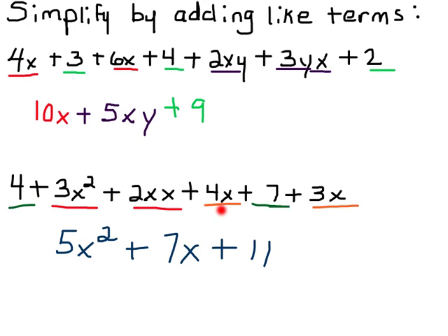Alright, and then here in the orange we have a single x with these terms, so 4x plus 3x is 7x. And then in the green we have a 7 and a 4 added to make 11. So this is the final answer when it says simplify by adding like terms. These would be your answers. That's what we're going to be looking for in your practice.